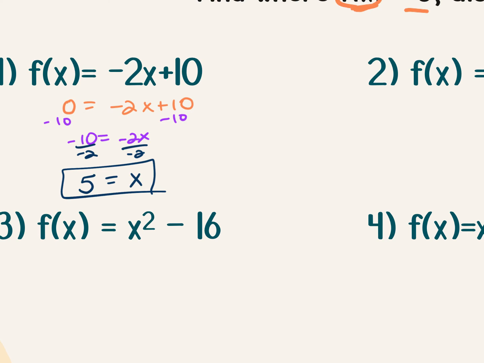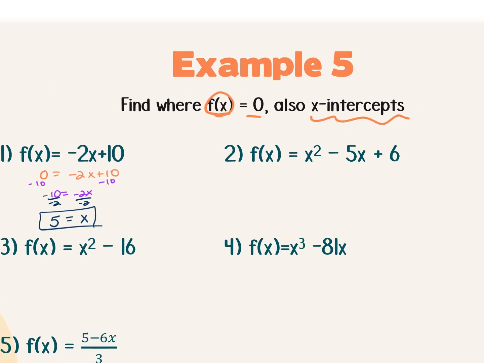So what does that x-intercept mean? Because if f of x is 0, you're saying y is 0. If that's a line, using y equals mx plus b, if I started at positive 10, and I went down 2 and to the right one, and drew my line, the point where it crosses the x-axis should be the same as what I have there. So this is the same as saying the x-intercepts.